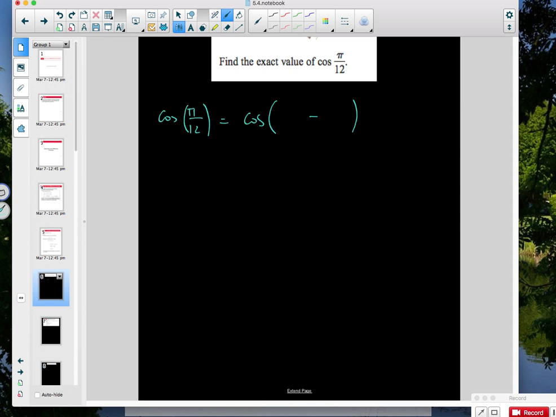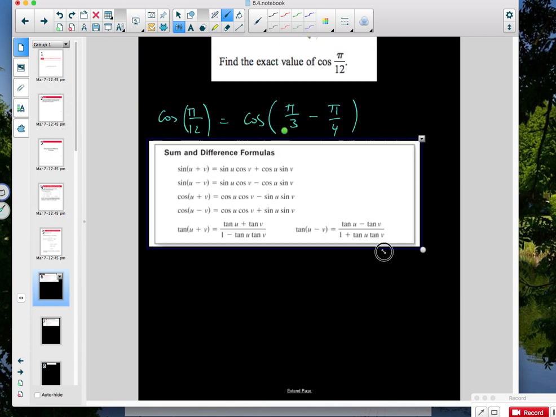It is pi over 3 minus pi over 4. And what is the formula that we used? The cosine of the difference is going to be the sum, if you notice. So what is the formula? I will put it down here on the side.